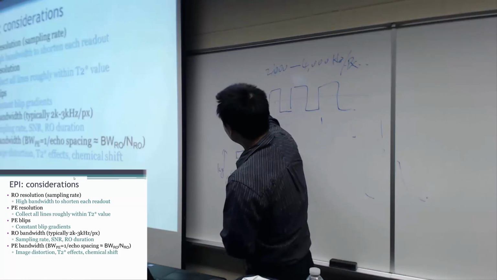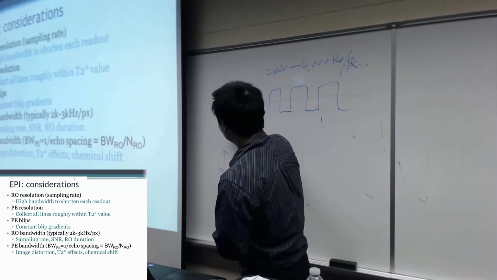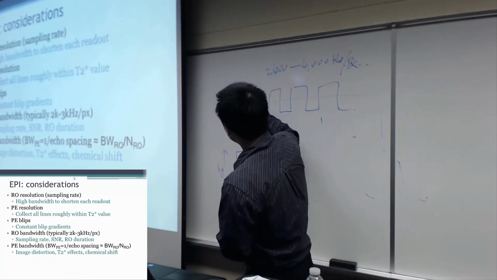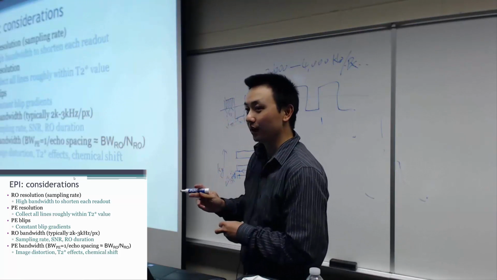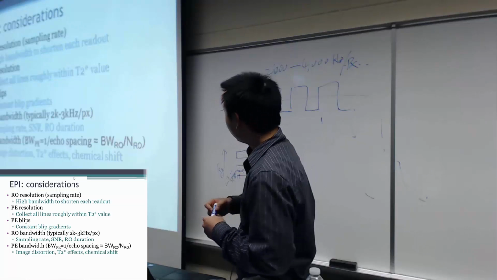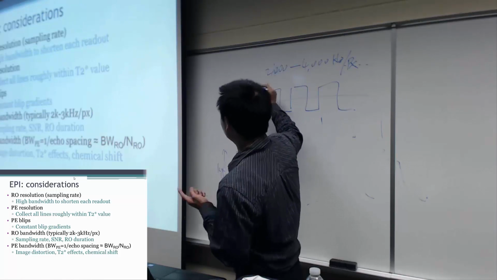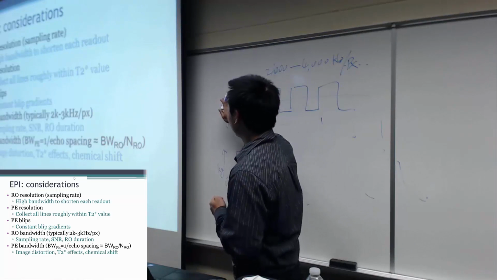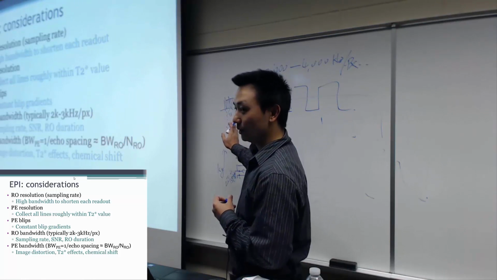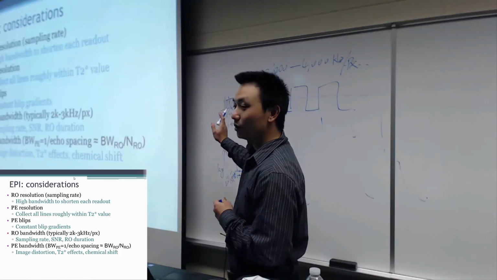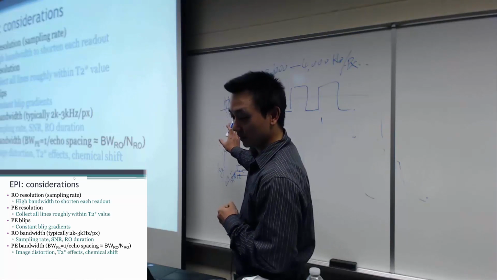For example, this one here is determined by the interval here, and this one is a little bit closer, so it actually has two different intervals. But if we are talking about the center of the echo, which is what we usually talk about, it just has a sampling interval that is equal to the readout length, right? So it's equal to the readout length.